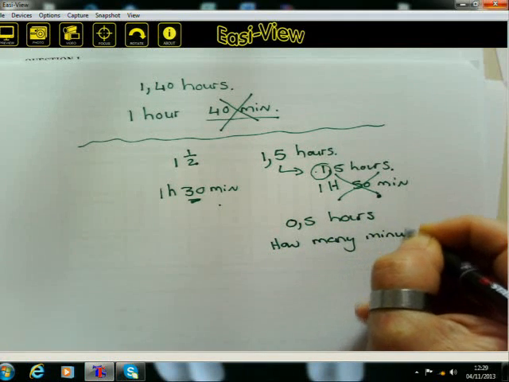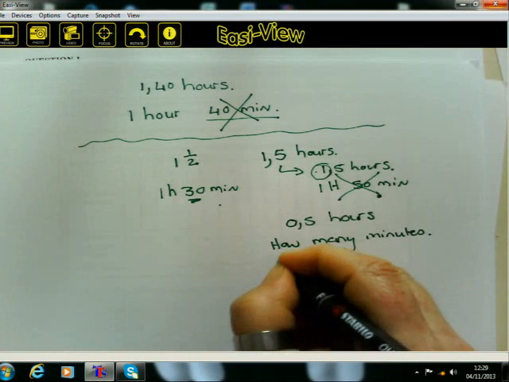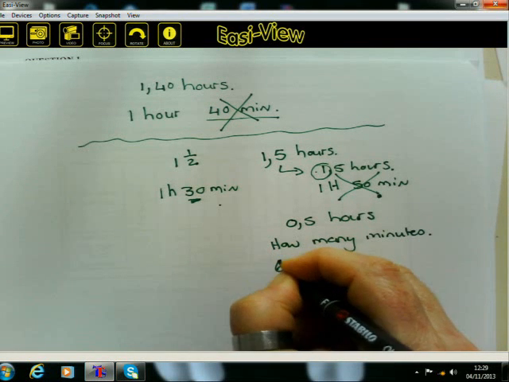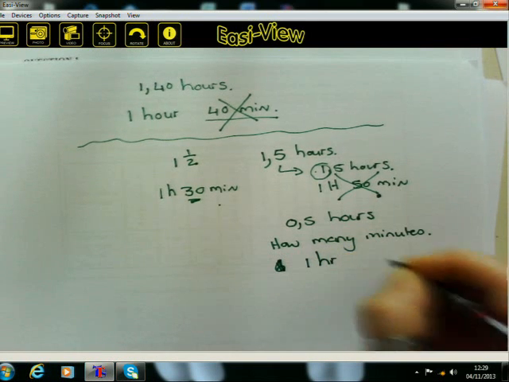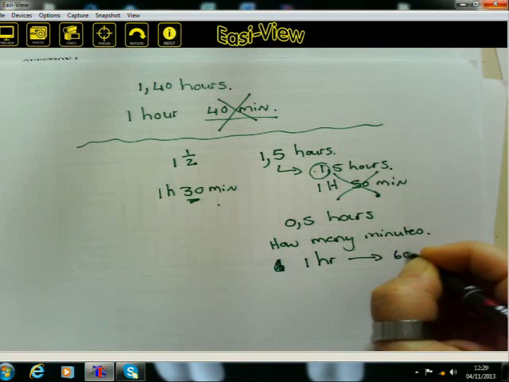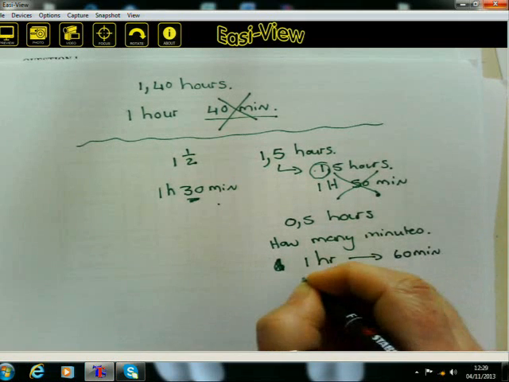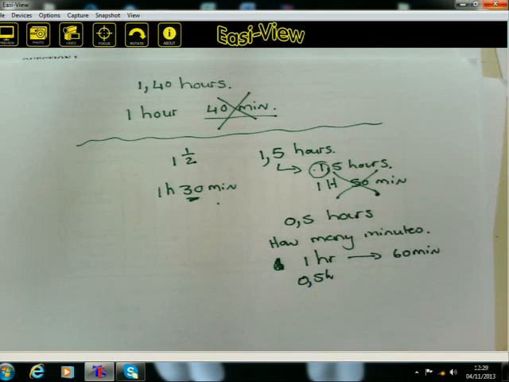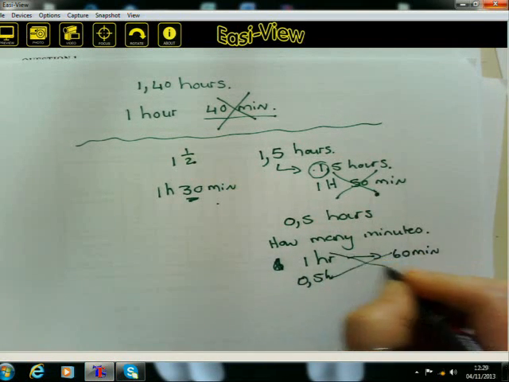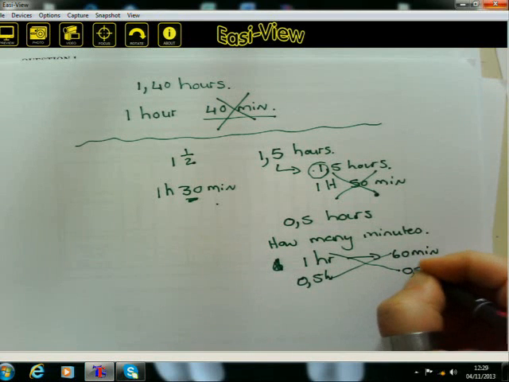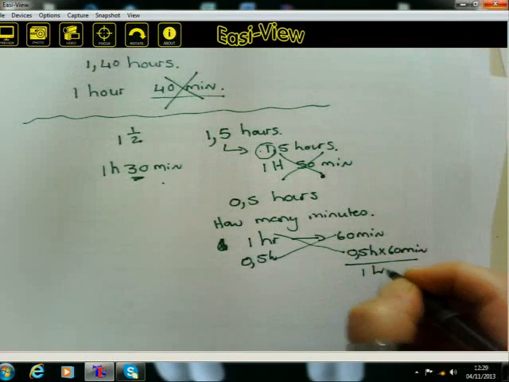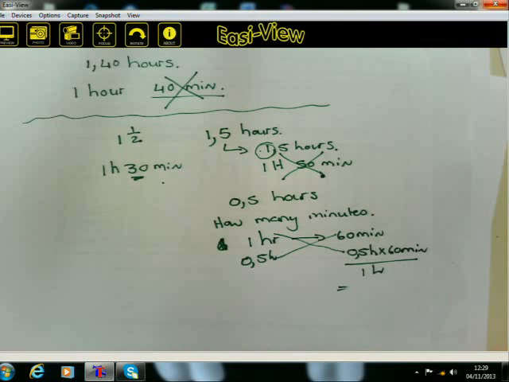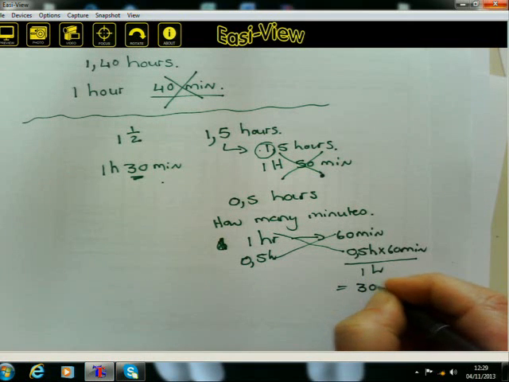And I can answer this by saying 1 hour has 60 minutes, so 0.5 hours will have, you do your cross multiplication, 0.5 hours times 60 minutes over 1 hour, and you will see this is going to give you 30 minutes.